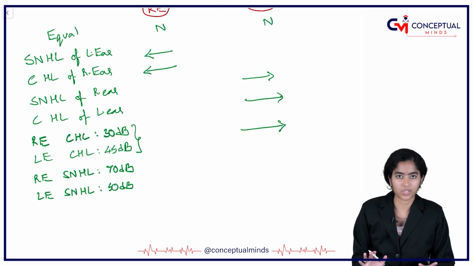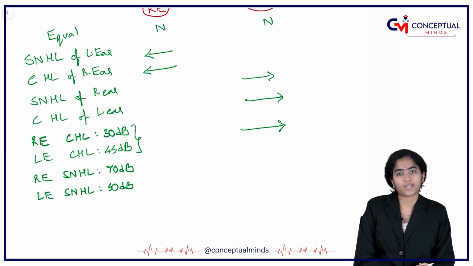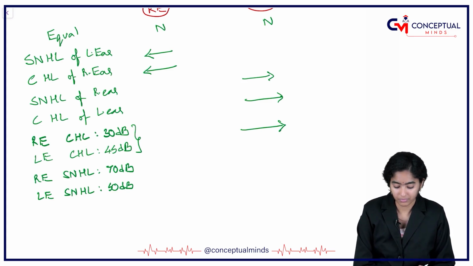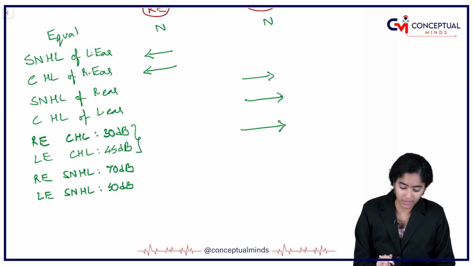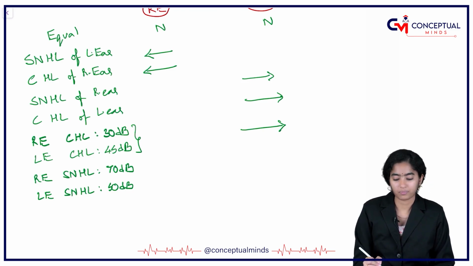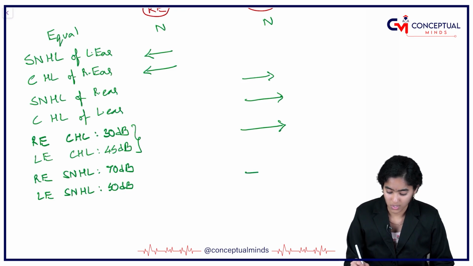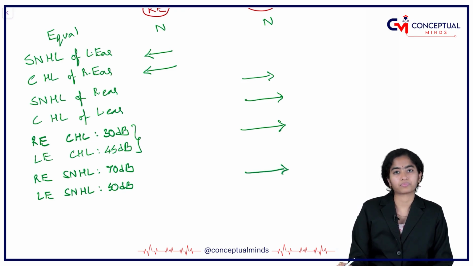Just arbitrary numbers I am using. Then which side is Weber's lateralized to? Both ears there is sensorineural hearing loss. What does the rule say? Better ear in sensorineural hearing loss. So which is the better ear here? It is the left ear.